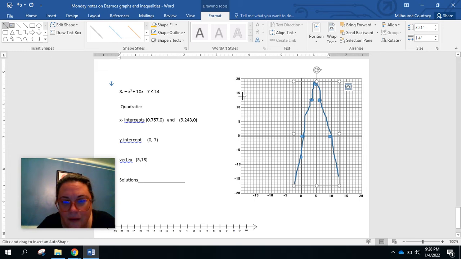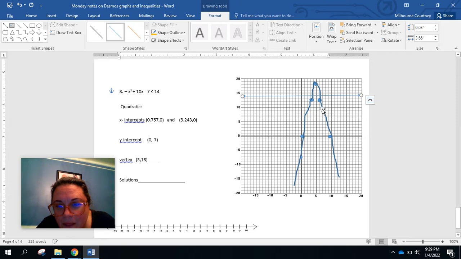Here's 14. Oh, my dots. I missed my dots completely. I don't know if it'll let me do it now. Can I bring that? Oh, well, these blue dots, I don't know if it'll let me. Oh, here it is.